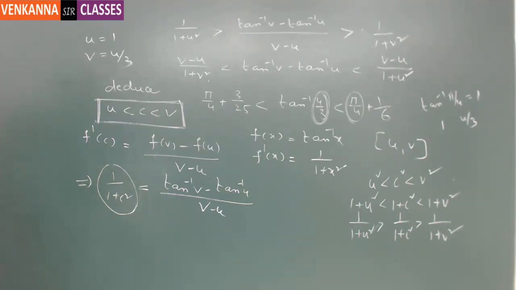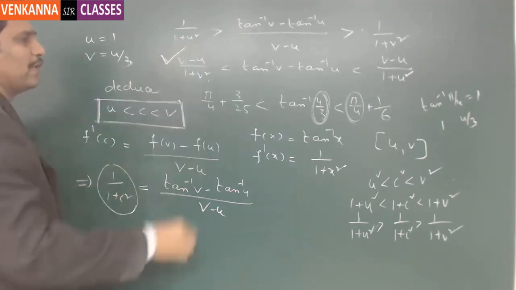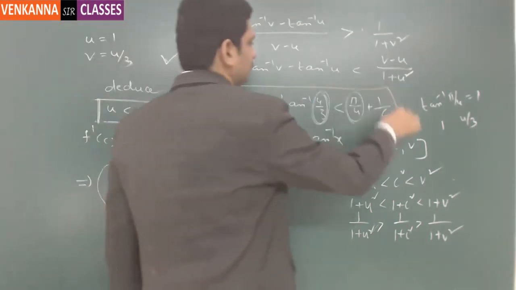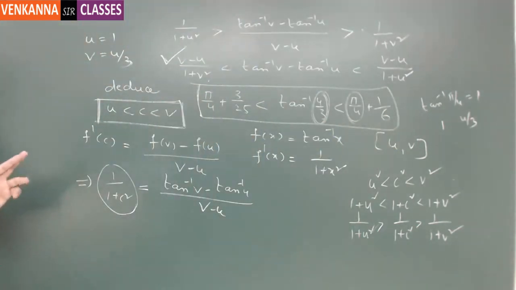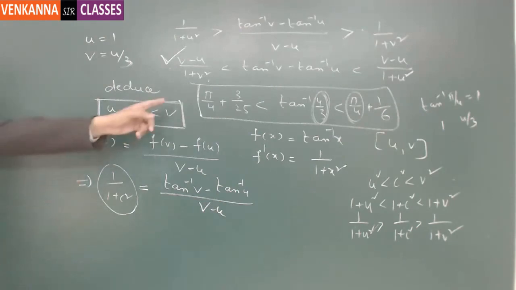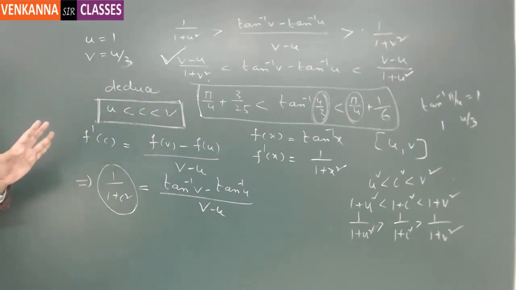Right. So if you substitute u is equal to 1 and v is equal to 4 by 3 in this part, you are going to get this inequality. So is this required for all to deduce, or can I leave it here? As per your inputs, I will go. If you have a doubt, I will do it right now.